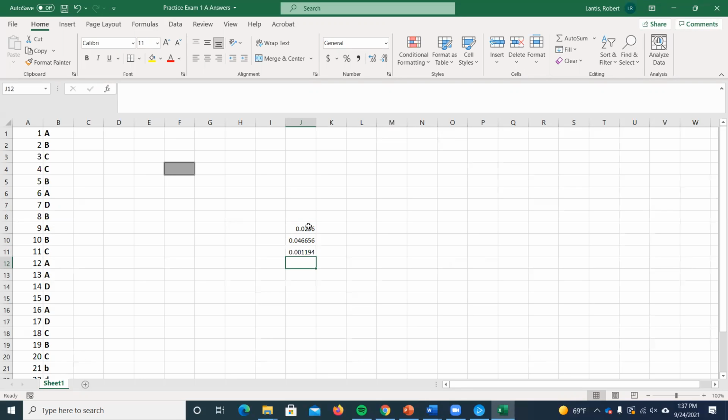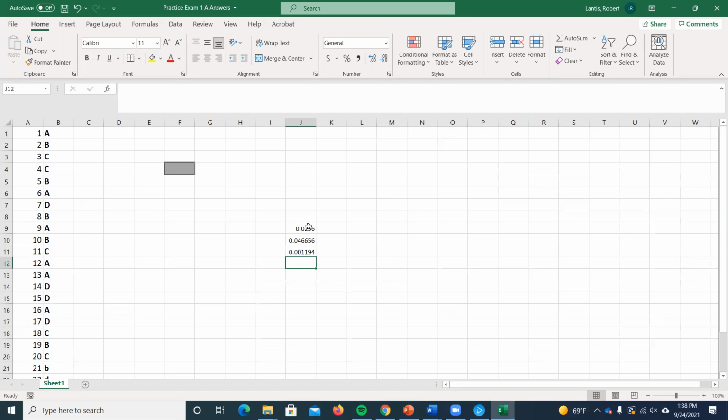So now I just need to figure out what this component is. Hopefully I'd find that factorial button in my calculator at this point. If I hadn't, I'd just think about writing this out. So 4 times 3 times 2 times 1. 10 minus 4 is 6, so 6 times 5 times 4 times 3 times 2 times 1.